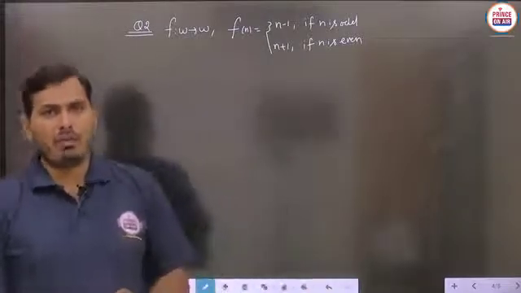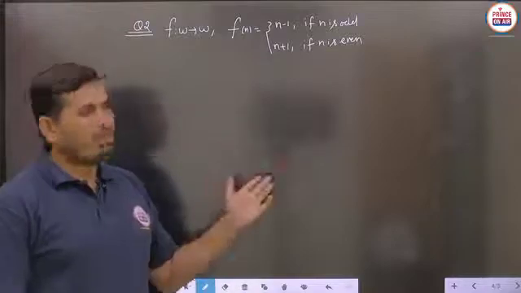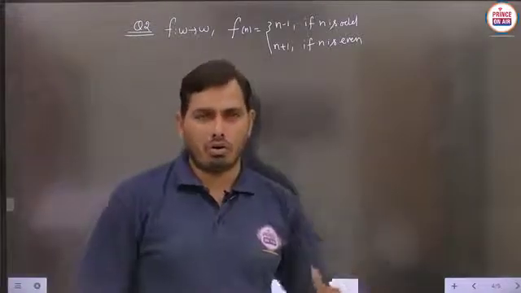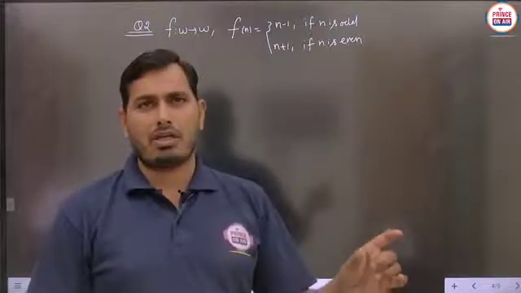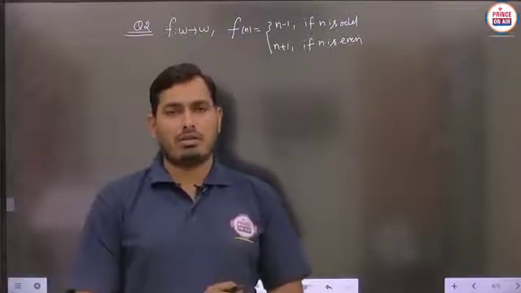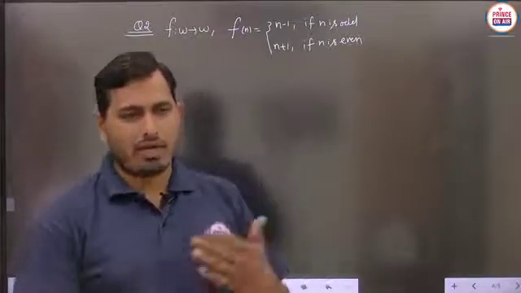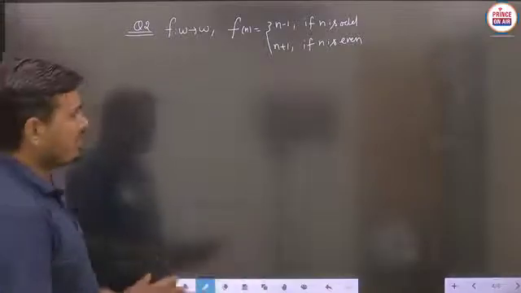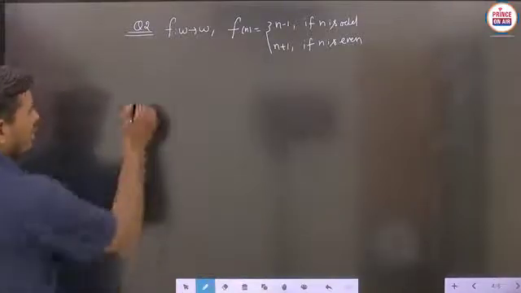Bijective means the function is one-one and onto both, and in that case the function is said to be invertible.